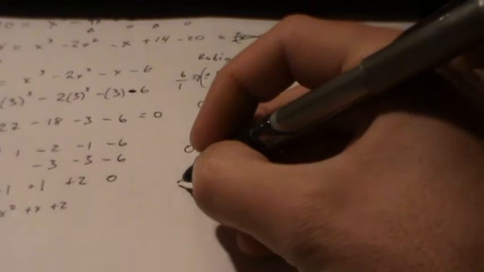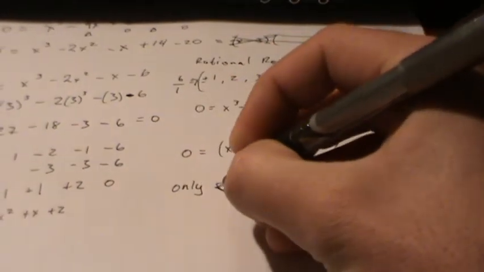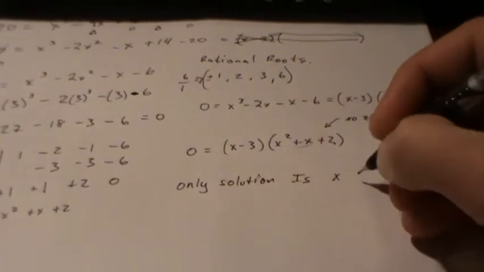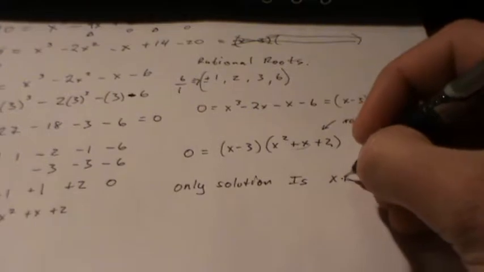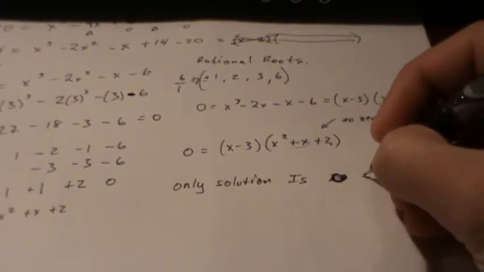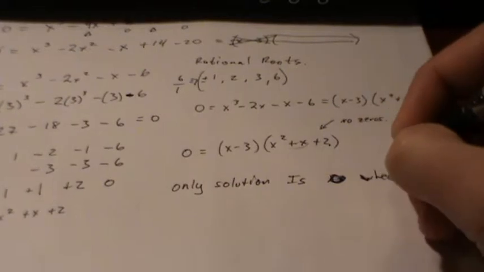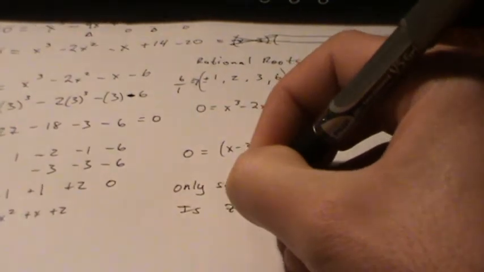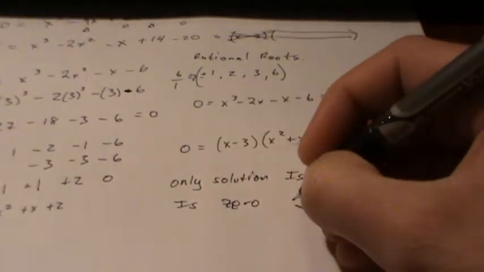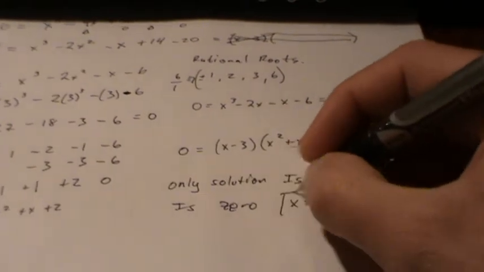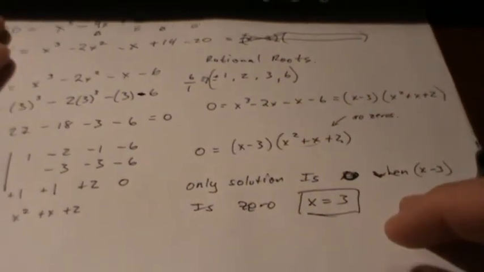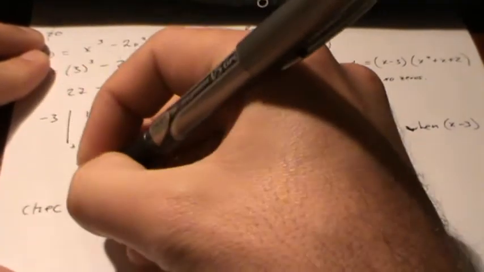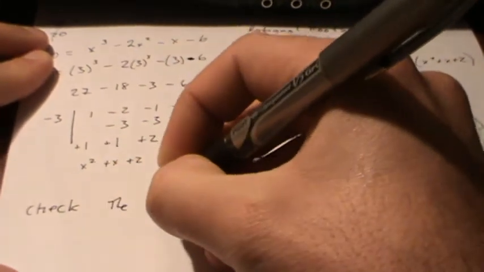And so it looks like the only solution is when x minus 3 is 0, and so that is when x is equal to 3. Now, for this, you want to check the denominators.